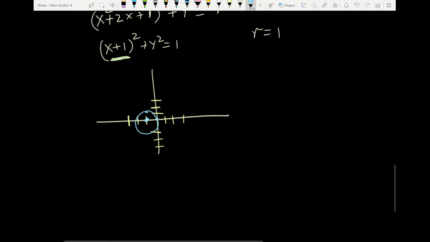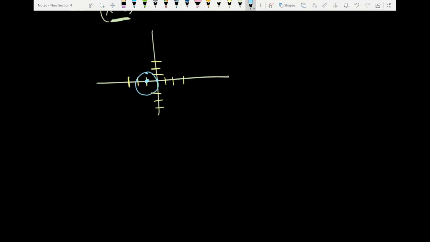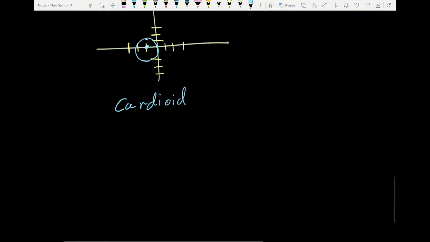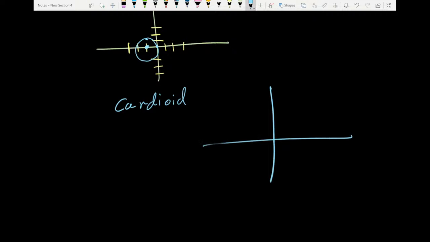Now, in the homework, you might see a cardioid. We're not going to do this. Basically, what it does is you're going to get a graph. It will look kind of like this, something like that, or it might look something like this. I'm not going to give you that question on the homework or anything like that.